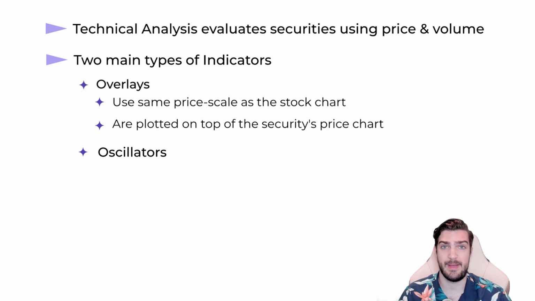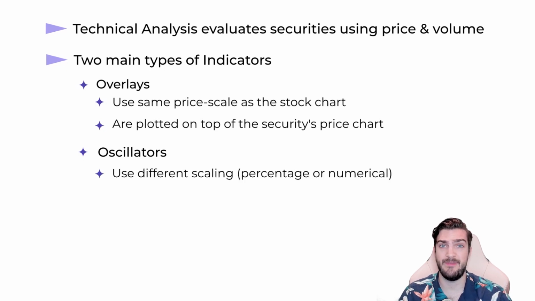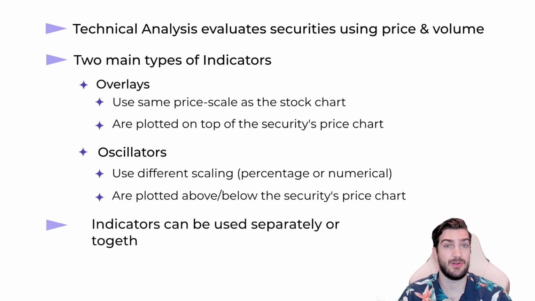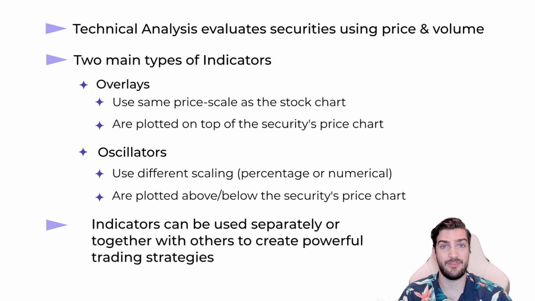Oscillators use different types of scaling, such as 0 to 100%, or positive and negative values centered around 0, and because of that different scale, are plotted above or below the price chart. Finally, these indicators can be used on their own or in conjunction with another technical indicator or the price of the security to create strategies that are great for both short-term investing, long-term investing, and everything in between.